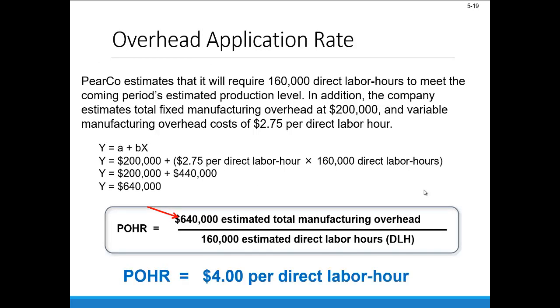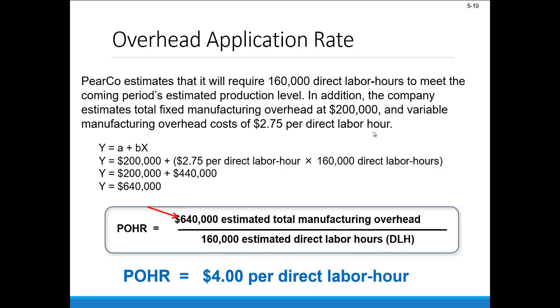So let's look at a quick example here. Let's say Pearco estimates that it will require 160,000 direct labor hours to meet the coming period's estimated production level. In addition, they've estimated the total fixed overhead for the year is going to be $200,000, and that the variable overhead cost for that same period should be about $2.75 per direct labor hour.